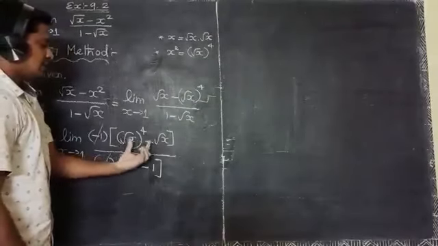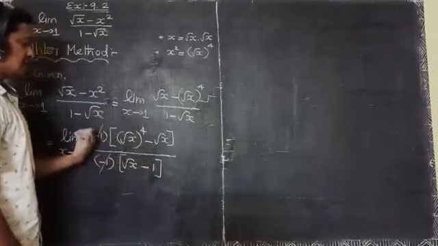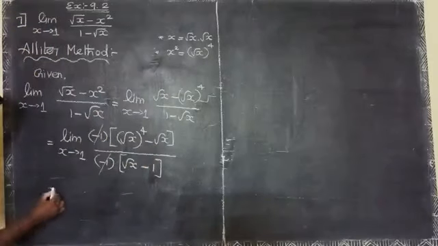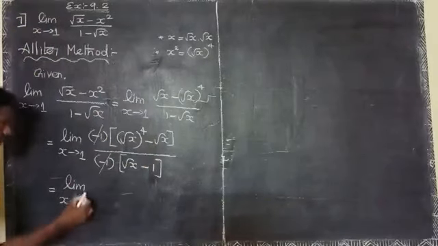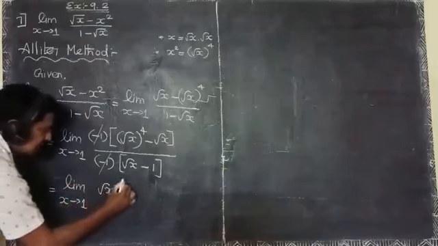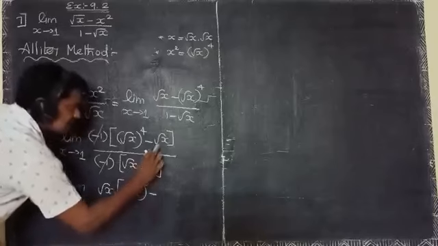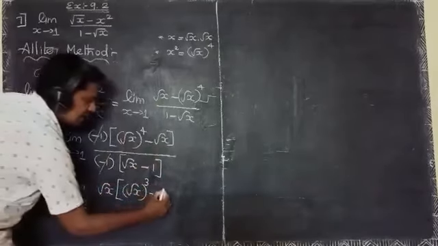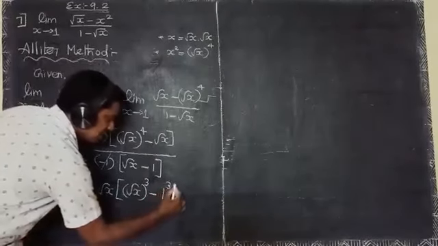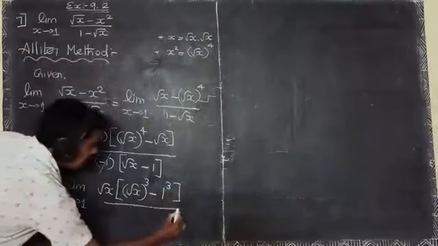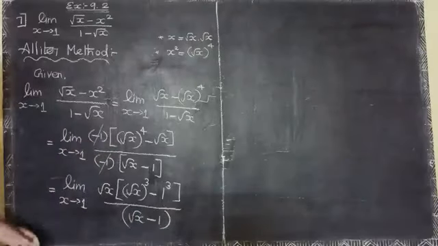In the numerator, two terms have root x, so take outside root x, that is limit x approaches 1, root x into (root x whole power 3 minus 1). In the second term, 1 can be written as 1 power 3, divided by (root x minus 1).